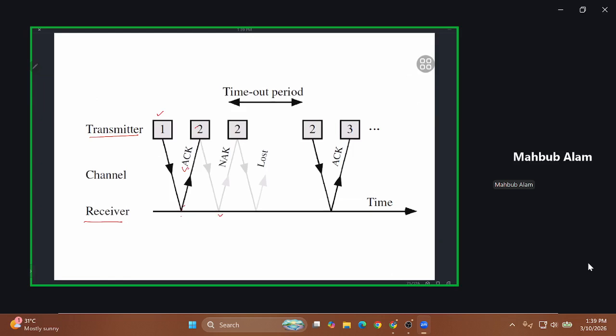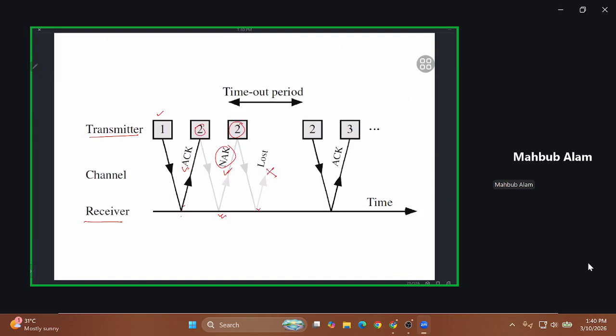The packet 2 somehow was corrupted, following this example, and the receiver sent a NAK. Is the NAK itself corrupted? No, it is received successfully. Then the station retransmits packet 2 again. The packet is lost.